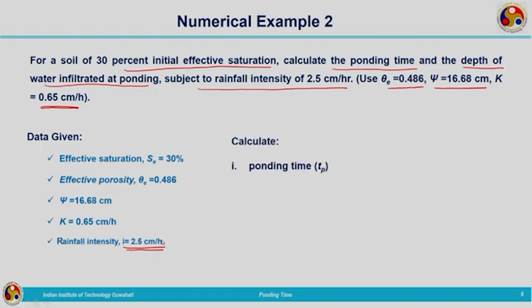We need to calculate the ponding time Tp and the cumulative infiltration at ponding. Ponding time Tp and the depth of water infiltrated at ponding. Depth of water infiltrated at ponding represents the cumulative infiltration corresponding to that particular time. So, first we need to calculate the ponding time. After that, we need to calculate the cumulative infiltration by making use of the rainfall intensity given to us.